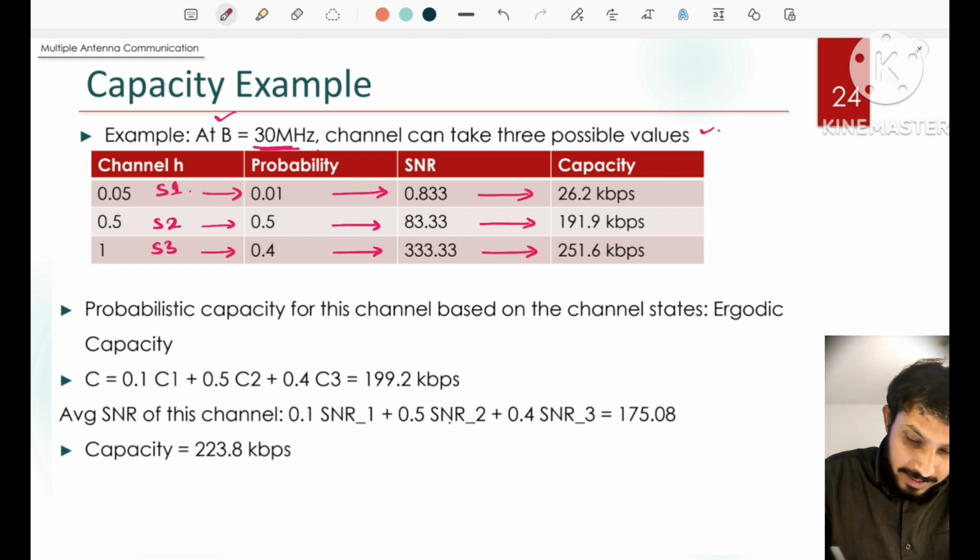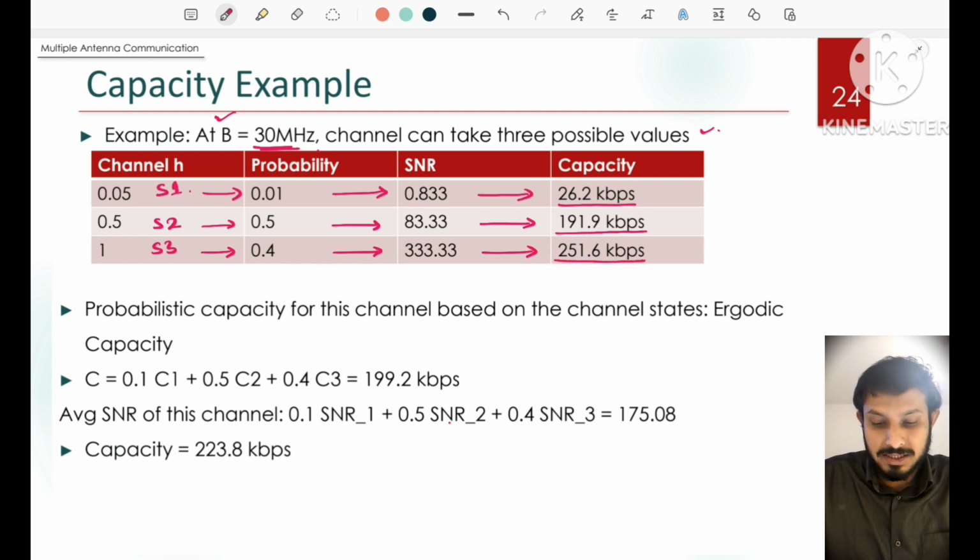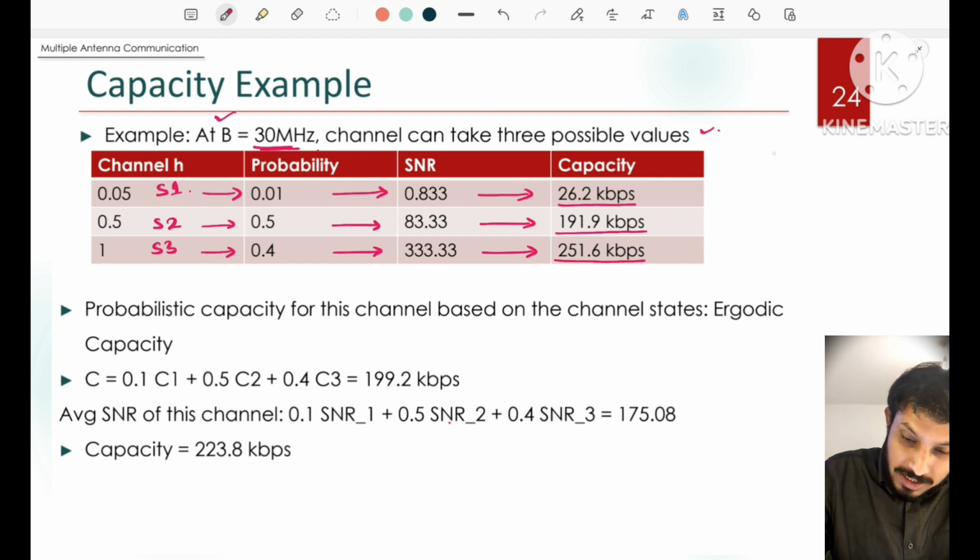So when the channel is in state 1, we can achieve 26.2 kbps. When the channel is in state 2, we can achieve 191.9 kbps. And when the channel is in state 3, we can achieve 251.6 kbps. So that means state 3 is better than state 2 is better than state 1.